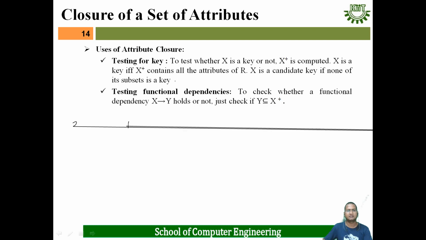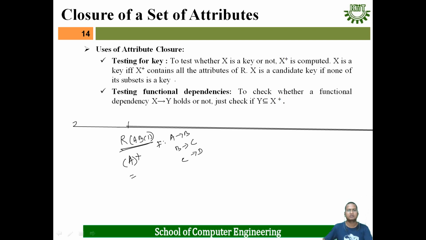Suppose R is a relation and A, B, C, D are four attributes. How do we find out the key of this relation R? Suppose the functional dependency set is: A determines B, B determines C, C determines D. Then we have to find out A closure.